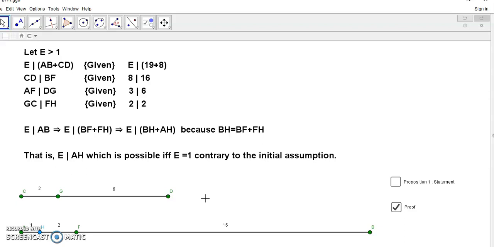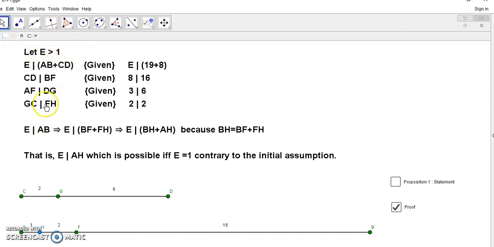So for example, if Euclid said, let E be a number that measures both CD and AB, he's obviously not referring to the unit because the unit measures everything, right? But some academics believe that Euclid did not believe that the unit was a number. Anyway, so E is greater than 1, all right, because E measures everything.